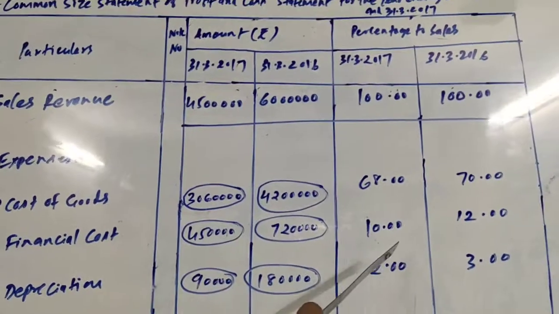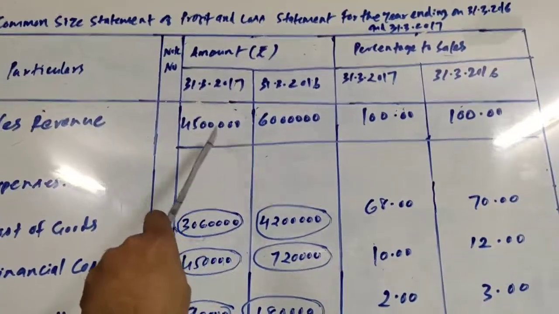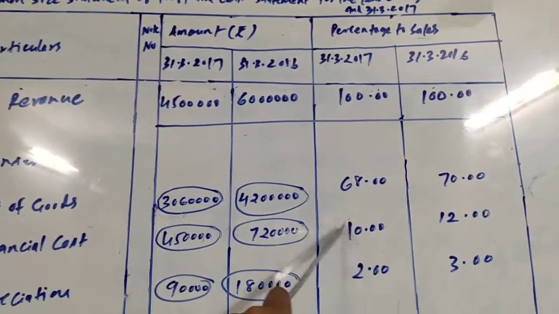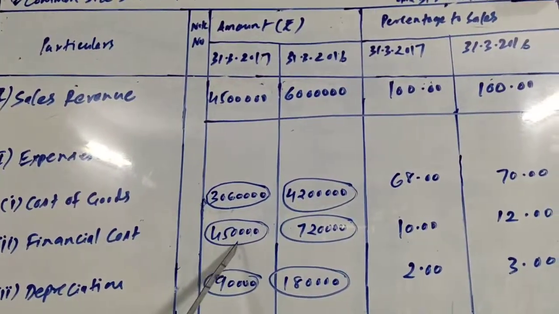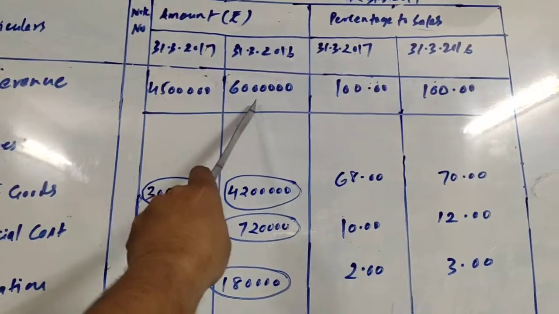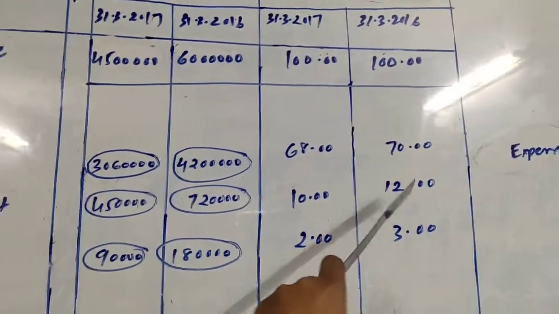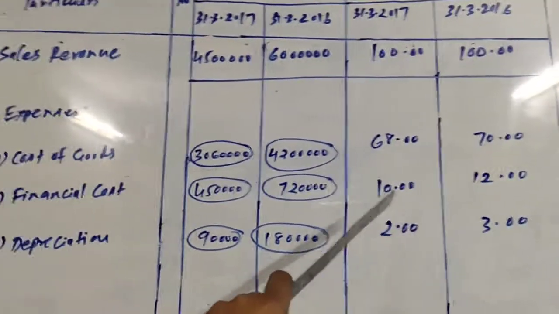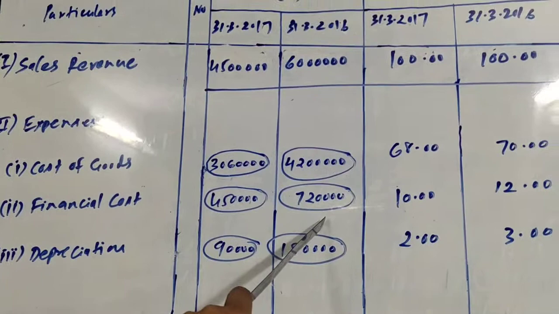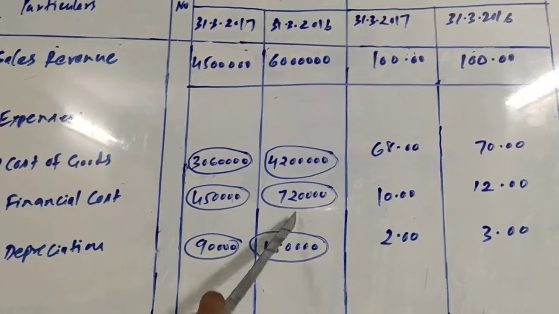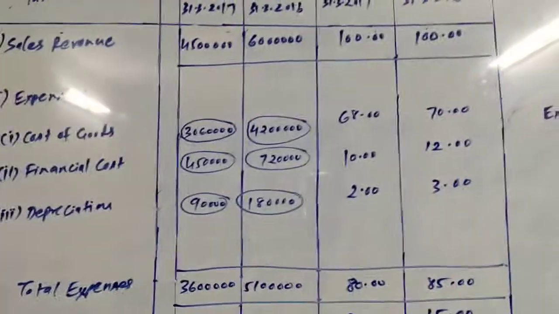So when we apply 10% on sales, 45 lakh into 10 upon 100, we get 4,50,000. 60 lakhs into 12 upon 100, we get 7,20,000. Okay, so this is how financial cost is calculated.